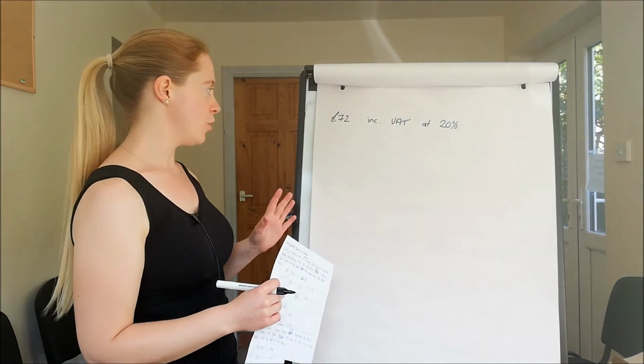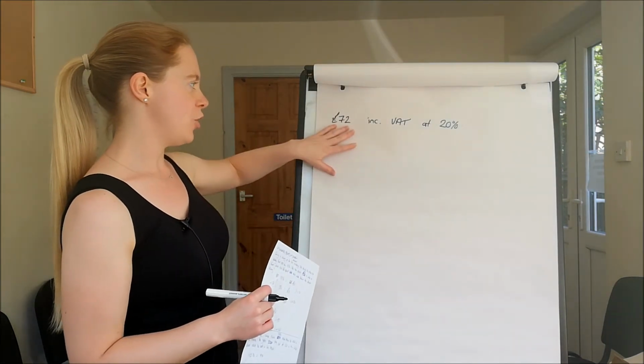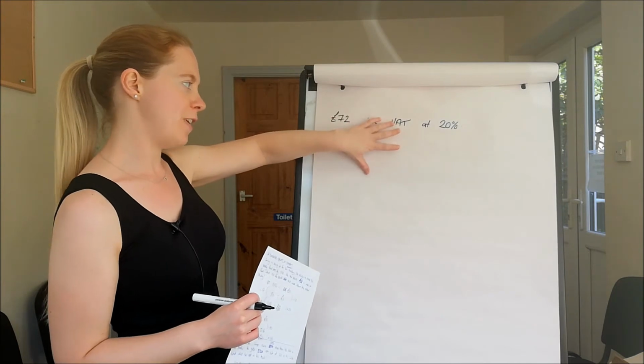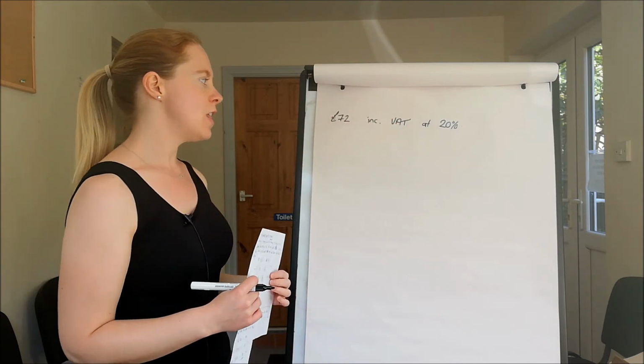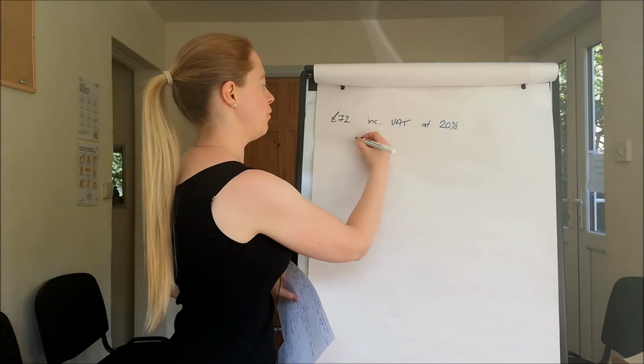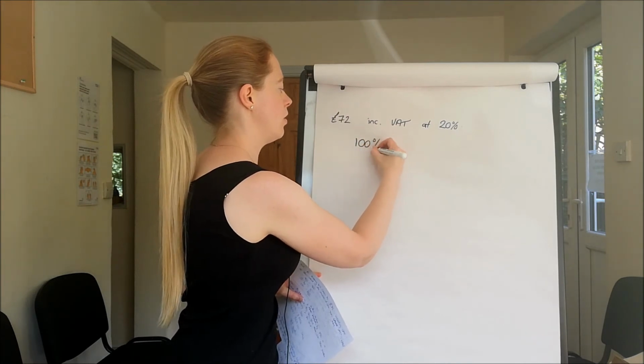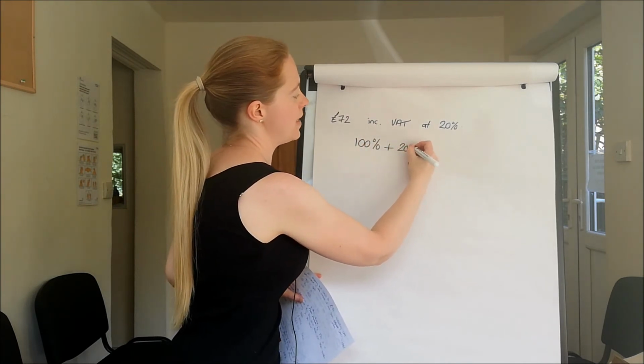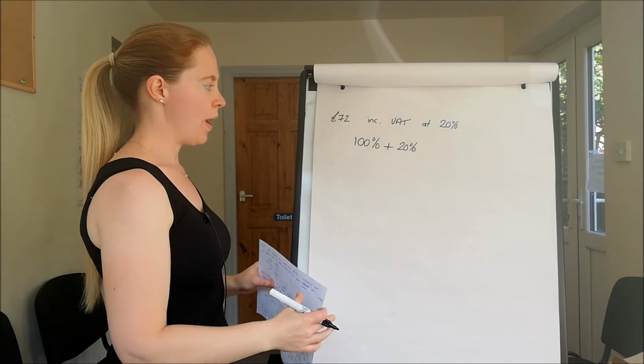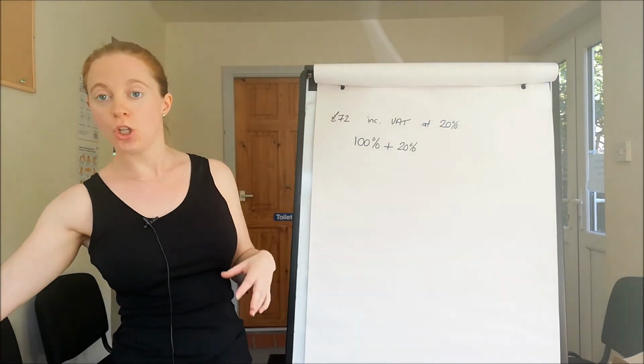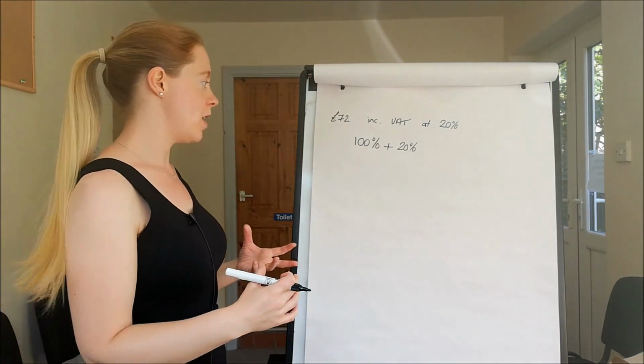And we're told that the shopping bill is £72, including VAT at 20%. That means that we have the cost of the goods and an extra 20%. So when we ask ourselves the starter question, what percent do I have here?